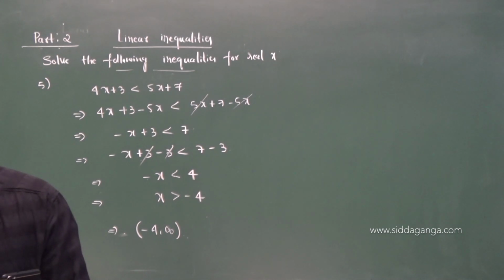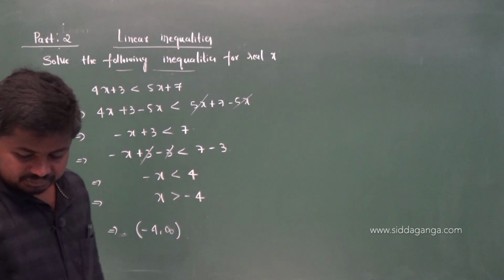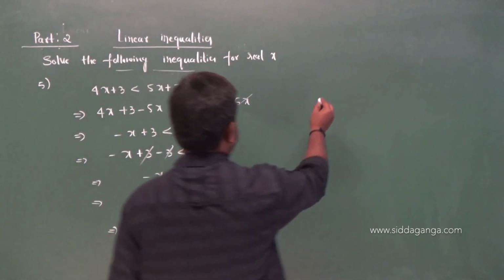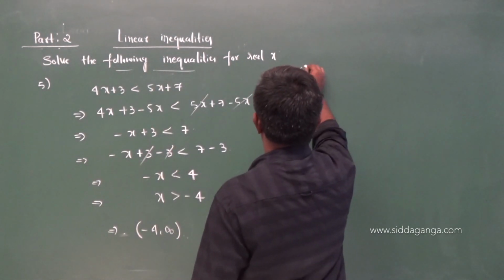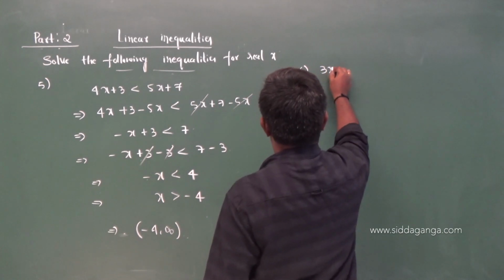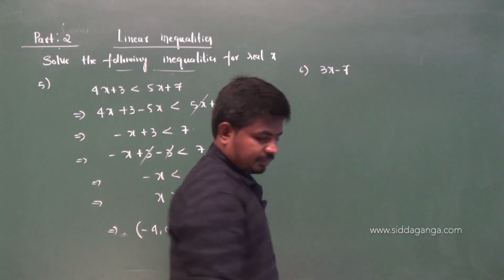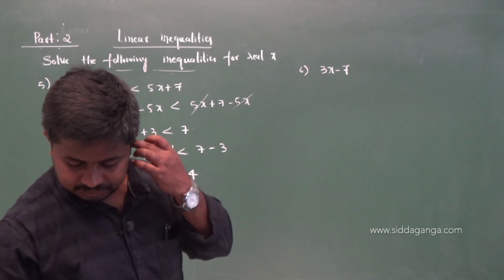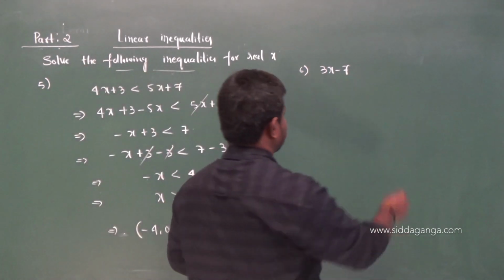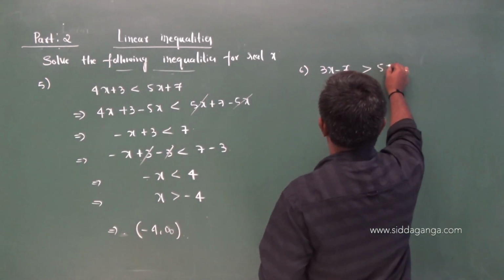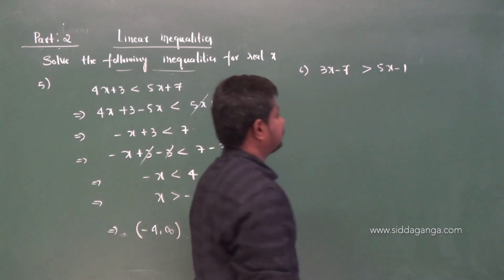Now, let us move to the sixth question. The sixth question is 3x minus 7 is greater than 5x minus 1.